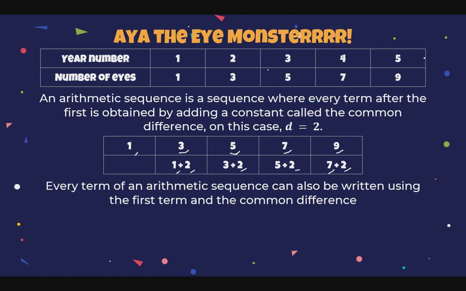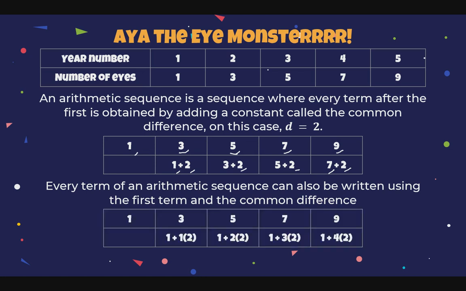Since for every term of an arithmetic sequence we add 2, or the common difference, to each term, we can rewrite it using the first term and the common difference. So we have here: the first term is 1.